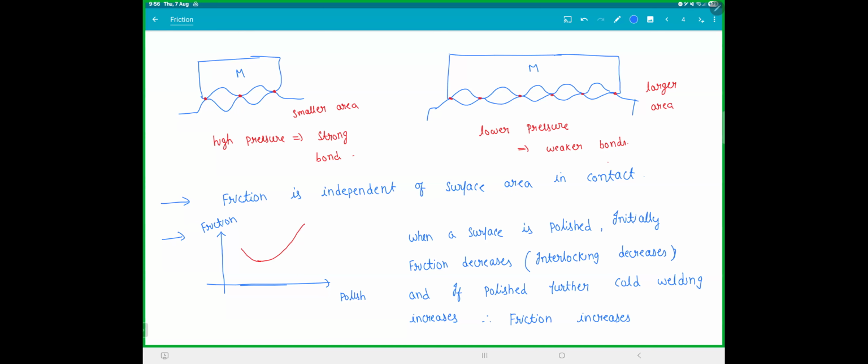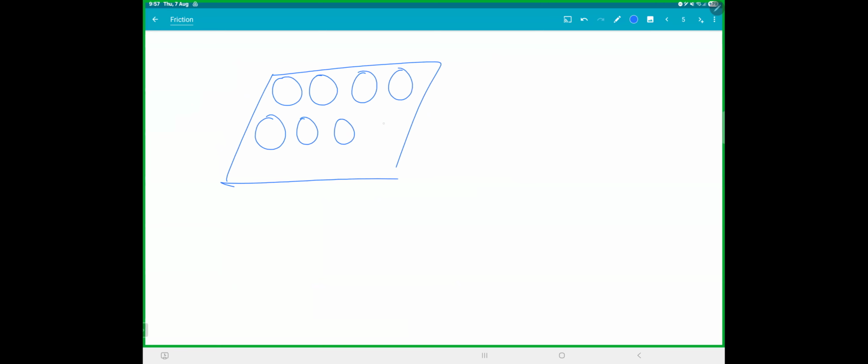A perfectly flat surface looks like this: imagine a box of laddus, placed neatly in order. Each laddu is one molecule. All the molecules are placed in a lattice. That is how a flat surface looks.